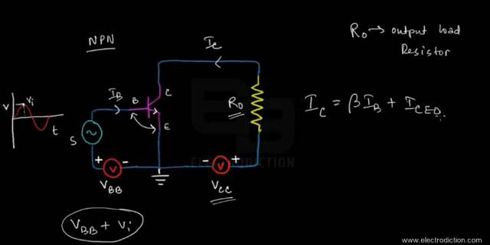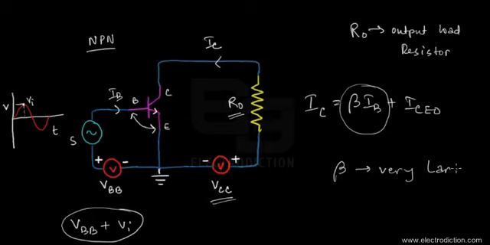Here ICEO just represents the leakage current, which is quite insignificant. But the fact that IC is about beta times that of IB, this particular term represents the fact that beta is very large. I'm just going to pen it down over here.